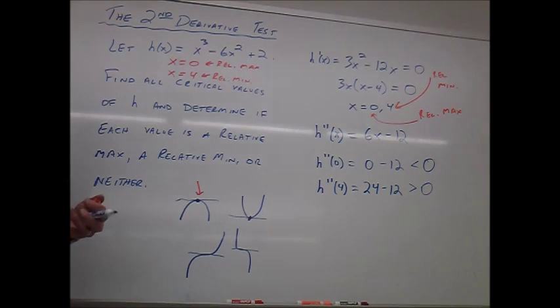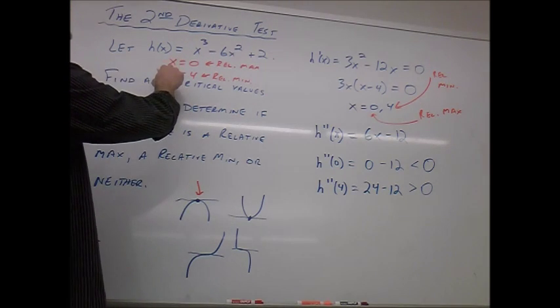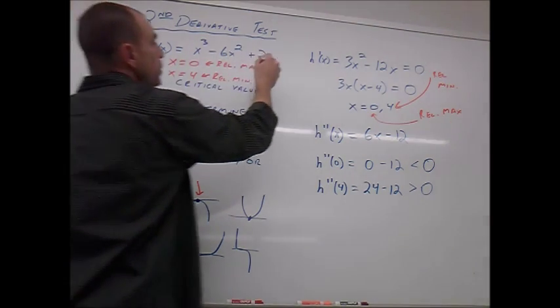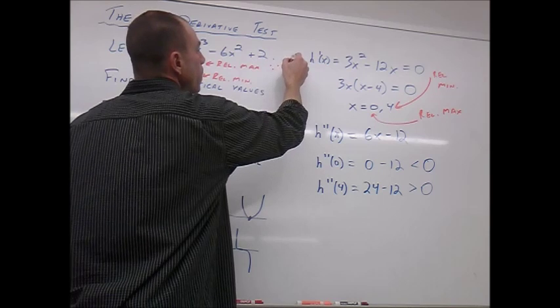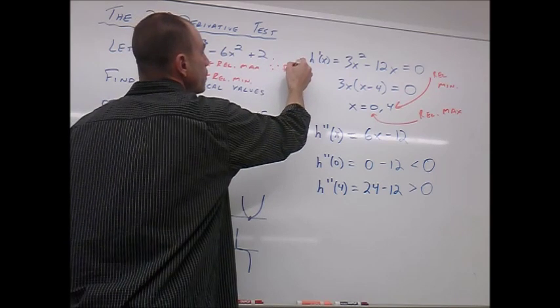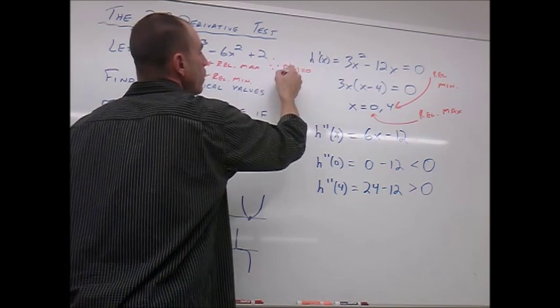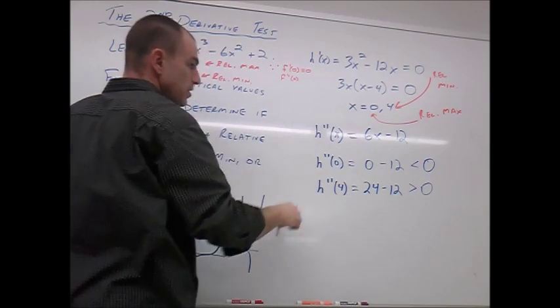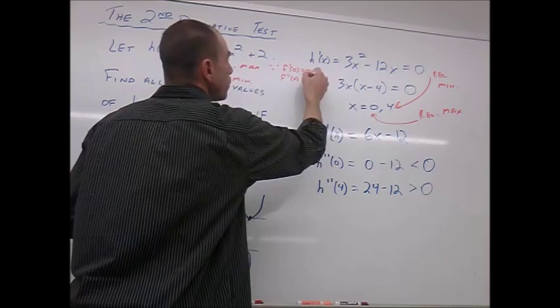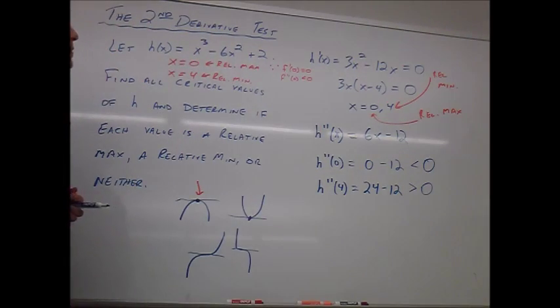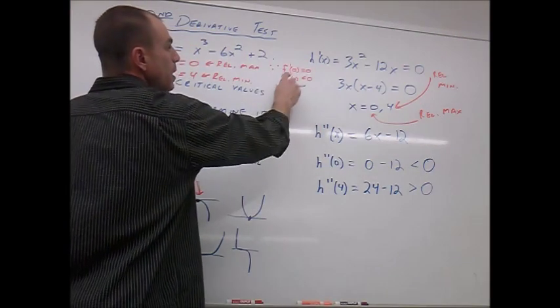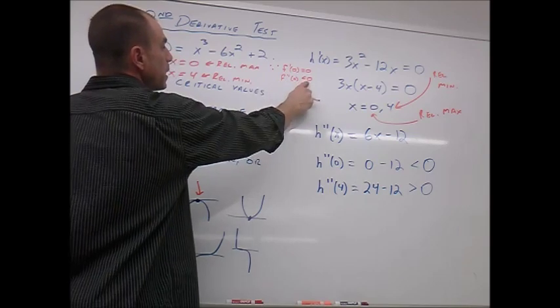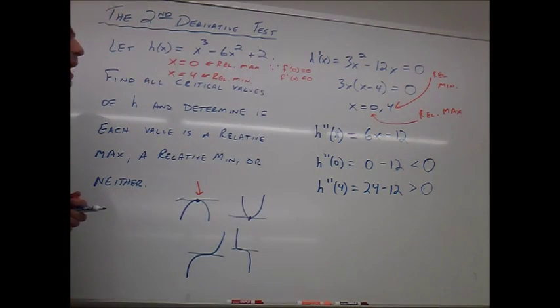And again, if you're talking about the reason why, x equals 0 is a relative max because f prime of 0 equals 0, and f double prime of 0 is negative. The first derivative at 0 is equal to 0. The second derivative at 0 is negative. That produces a relative max.